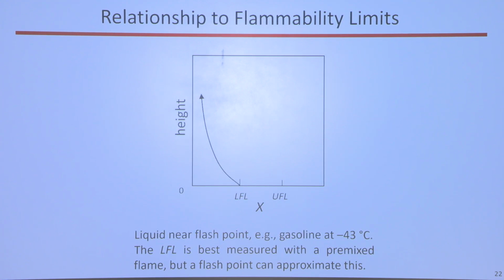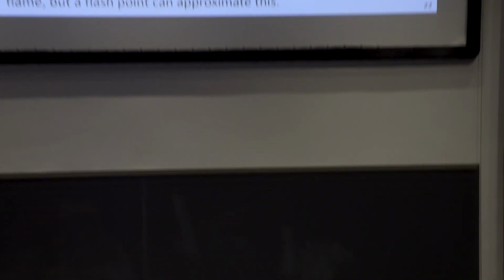So this method does give you a way of measuring an approximate lean flammability limit. Now, normally if you want to measure the LFL, you get a bomb. You get this half-liter, very heavy, usually a solid piece of stainless steel that's machined out on the inside. And you do partial pressure mixing. You put in your fuel and your air near the flammability limit.